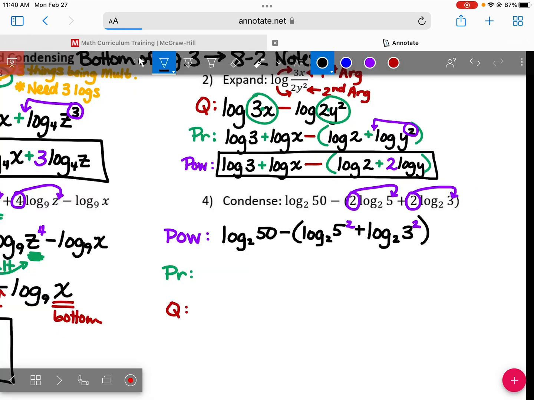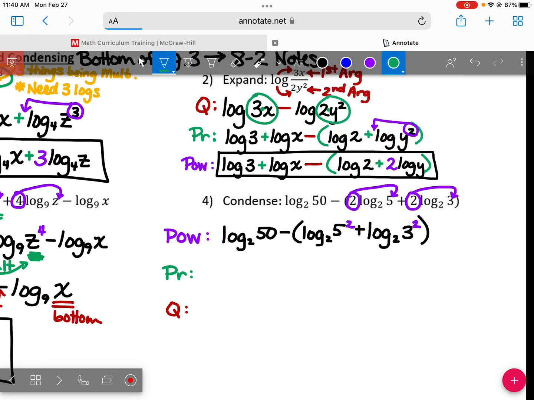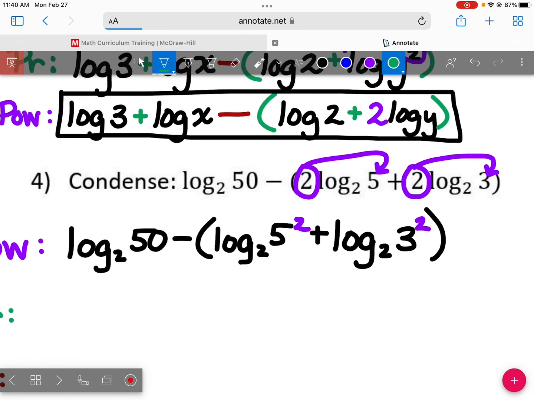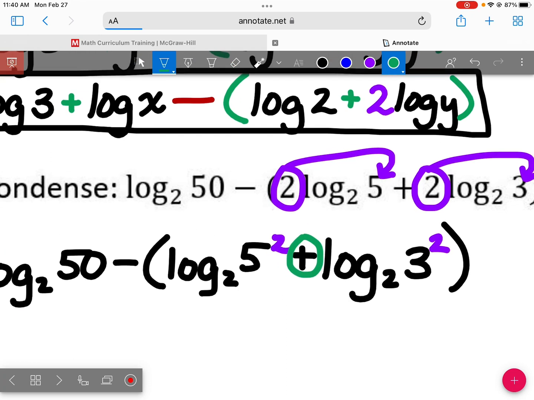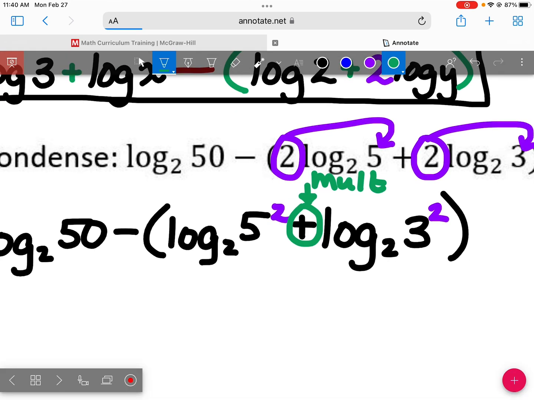If you wanted to, could you simplify 5 squared and 3 squared? Yeah. You're not required to, but you can. Do I need the product step here? What do I look for when I'm condensing to know whether or not I need the product step? Addition. Which logs are being added? The ones in the parentheses. So when you see a plus, this is going to become multiplication.